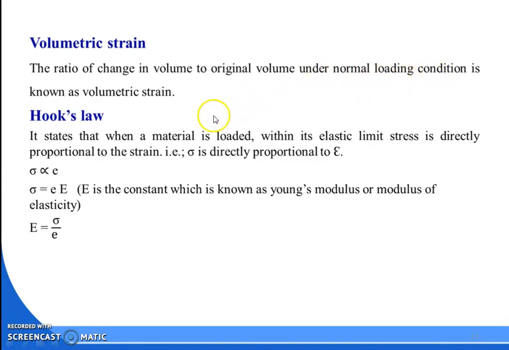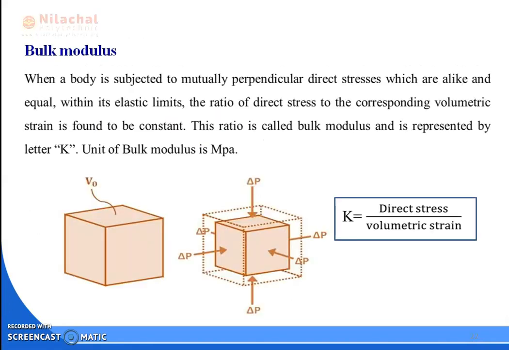While you apply a load to an object or to a body, the body is deformed in all its dimensions. That means in its length, in its breadth, in its width. So that's why here you have to consider all the strain deformed in a body.